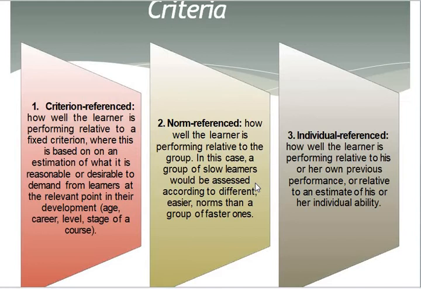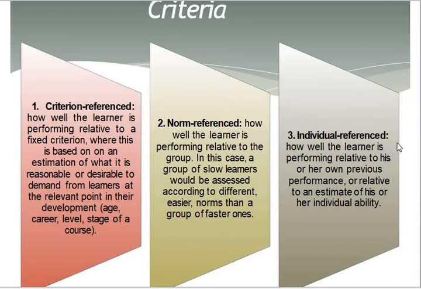When it comes to assessment, we cannot evaluate the slow learner and the faster learner at the same level. We will evaluate the slow learner by comparing them with other slow learners, and fast learners with the fast ones.